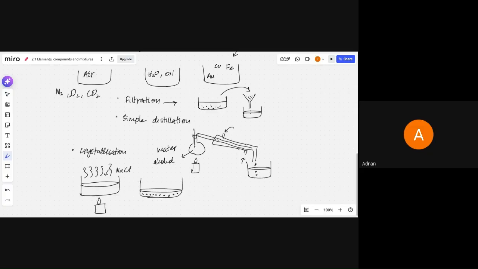They don't lose their properties. They don't react with each other, right? So this is another property of a mixture, where the chemical properties of each substance in the mixture remain unchanged. So this was about elements, compounds, and mixtures. And I will see you in the next lesson.